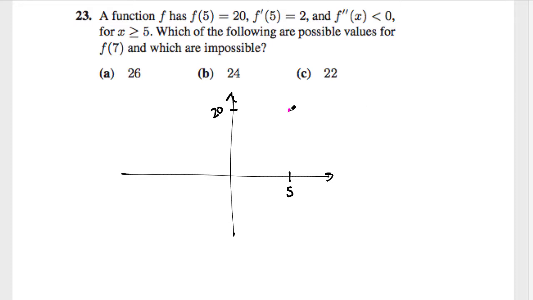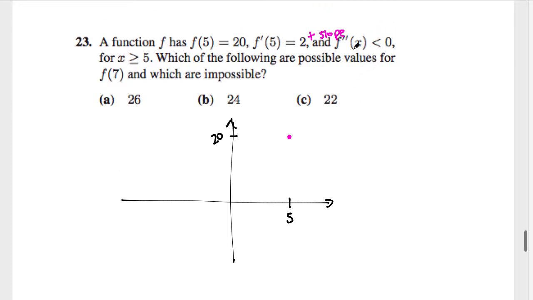So this is a point of my function. Now, f prime of 5 is positive 2, so I have a positive slope. And our second derivative is negative, so I'm concave down to the right of this, for x greater than or equal to 5.